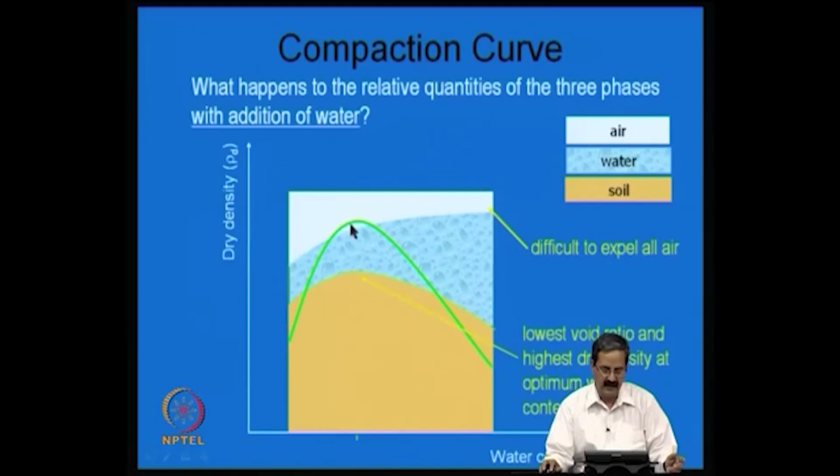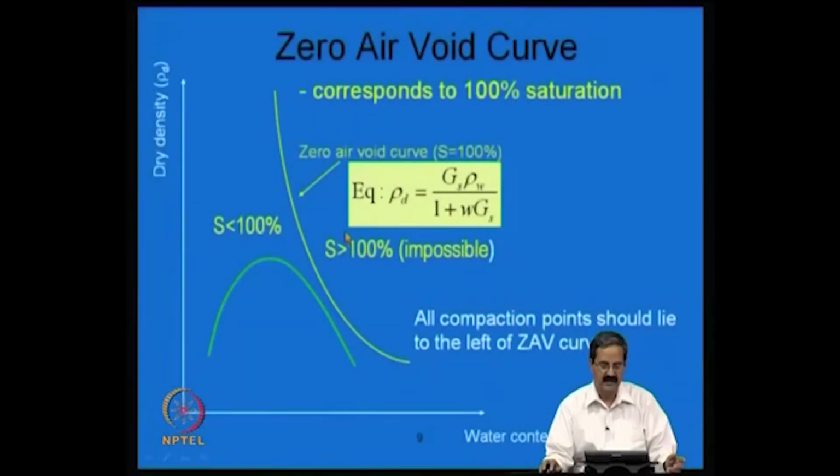What it means is that the degree of saturation cannot be 1 close to the optimum moisture content or close to this range. Actually, this is also very useful, because if it is fully saturated, the strength is going to be marginally less, whereas if it is partly saturated, the degree of saturation is going to be lesser, and you will have higher strength.